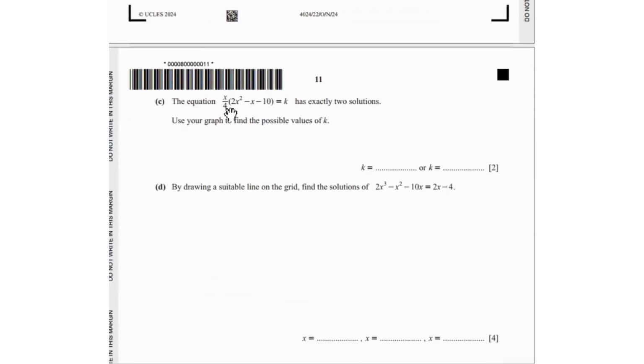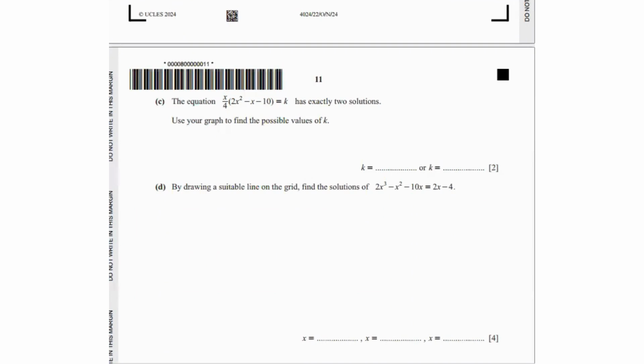Since the equation x over 4 times 2x squared minus x minus 10 equals k has exactly two solutions, use your graph to find the possible values of k. And then by drawing a suitable line on the grid, find the solution of 2x cubed minus x squared minus 10x equals 2x minus 4.